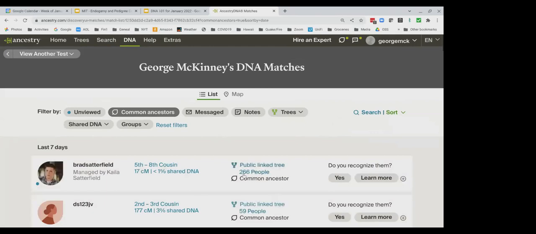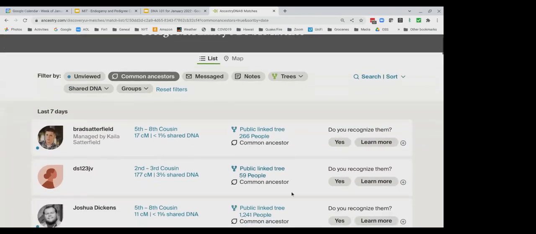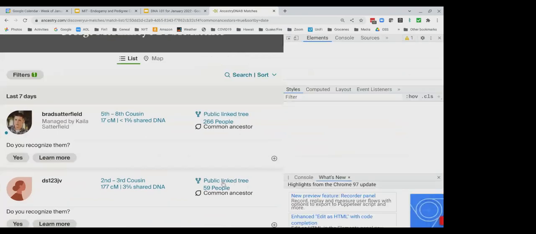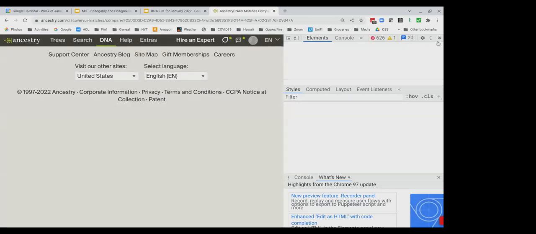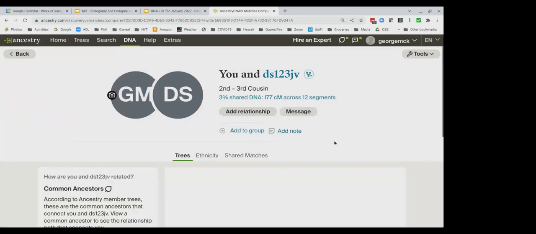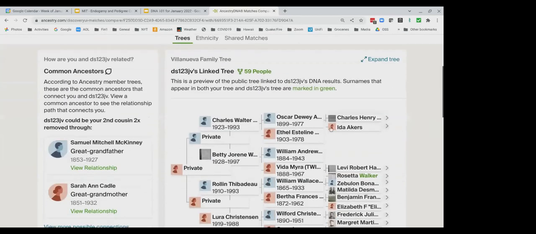And fifth cousin, I'd look at that one maybe sometime. But here's one that's a second cousin that I have, so it's interesting to take a look at that person. This is the person who recently came in, who has a tree.